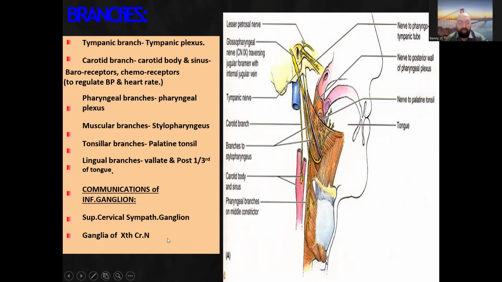Therefore, when we see the applied aspects, it is kind of rare to see glossopharyngeal nerve injury exclusively, because most of the time it is accompanied by the vagus nerve also, because of these communications.